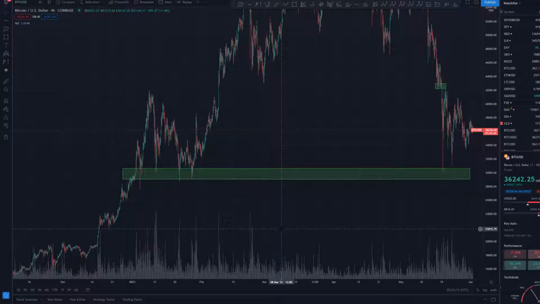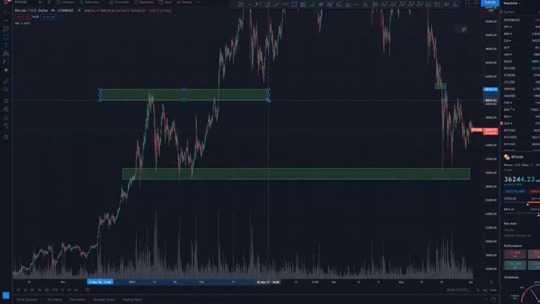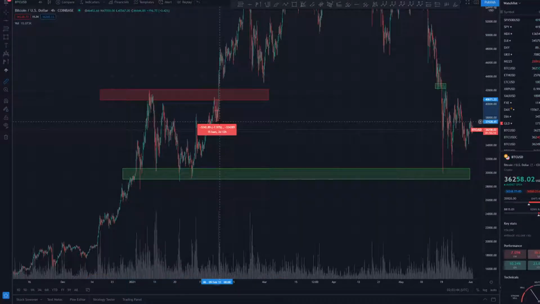But also, broken support turns into new resistance, and broken resistance turns into new support. Here's what I mean. You have this resistance zone right here. It rejected once off of it and pulled back 30%, then had a secondary rejection, smaller, so you can tell it's getting weaker, of 8%.